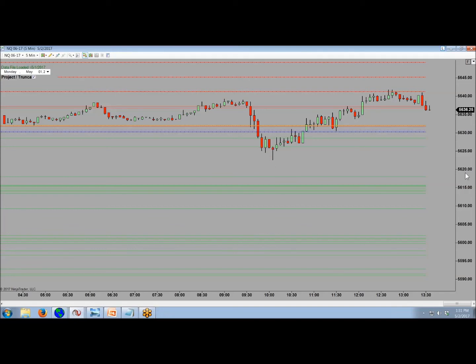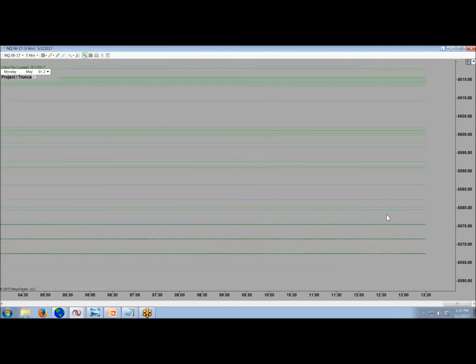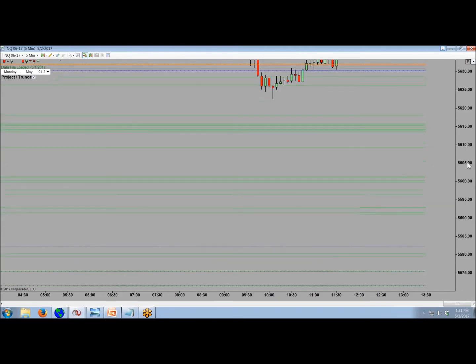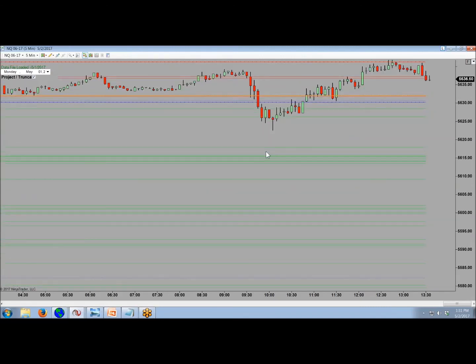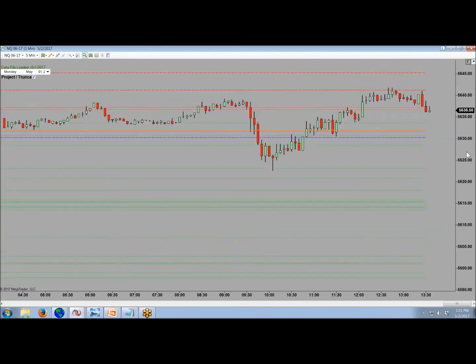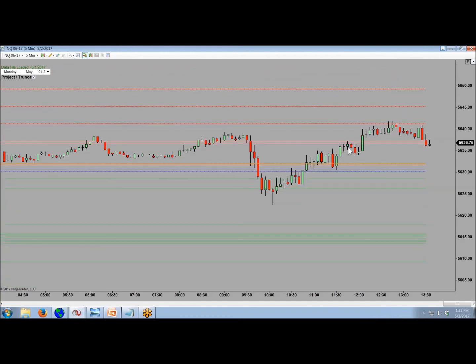It wouldn't have worked down to the target down here, because here would be our green targets for the day. And it didn't trade down to the next clumping of green, but you can see that once it failed to go lower and got back above our line in the sand, the orange line, it did a slow grind higher and finally hit target number 1 on the top side.